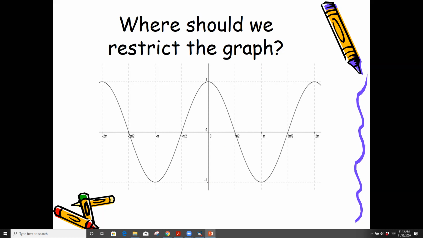The domain for cosine inverse is going to be the same thing as the range for cosine. So the range for cosine goes from 1 to -1. So that just means the domain for cosine inverse will be between 1 and -1.